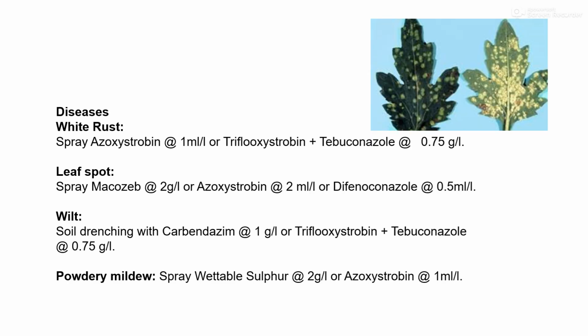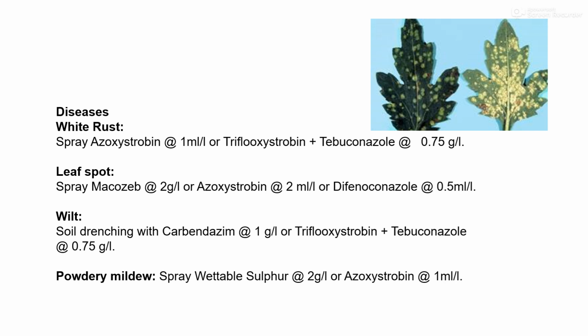Regarding diseases, white rust is somewhat dangerous during the cultivation of this crop. We can control this disease by spraying azoxystrobin at the rate of 1 ml per liter. Leaf spot we can control by spraying mancozeb at the rate of 2 grams per liter.